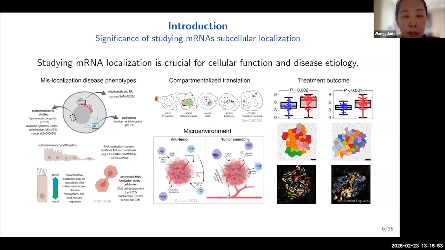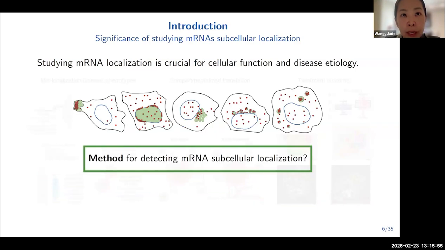So these are the motivations for studying the subcellular localization of mRNAs. Those cartoons show some potential patterns that we may expect. But the question is, do we have methods that are readily available to apply to such high resolution data to detect those subcellular patterns?